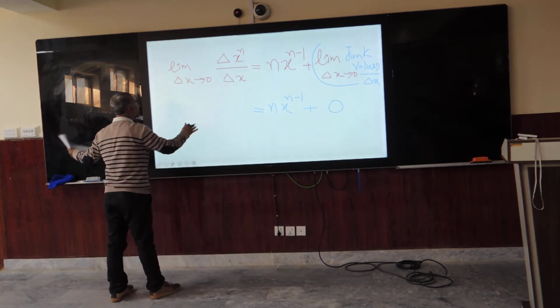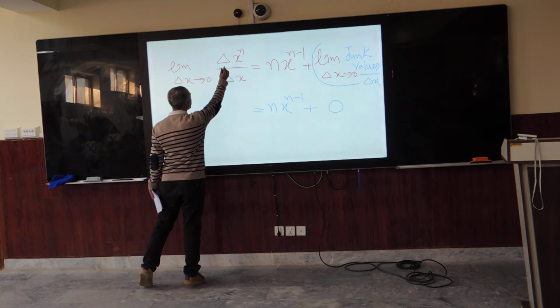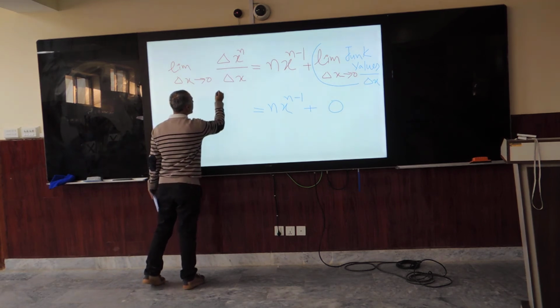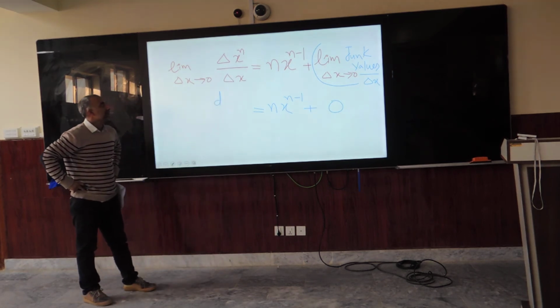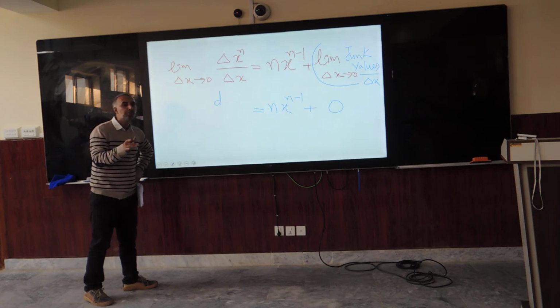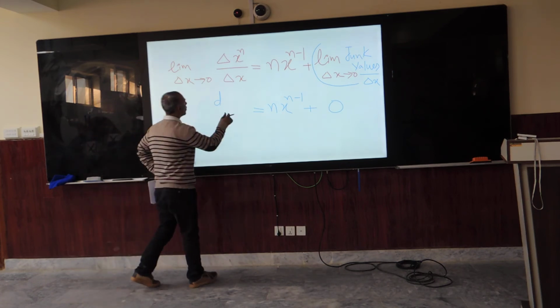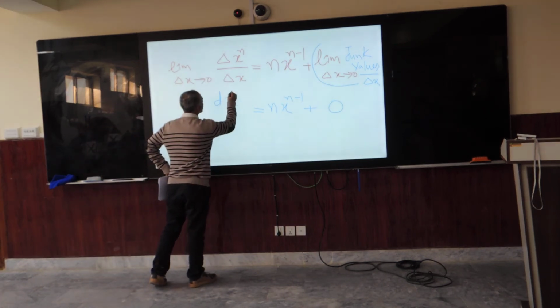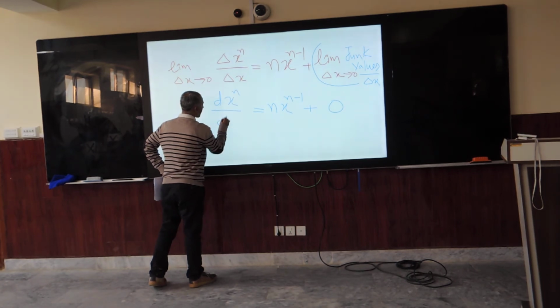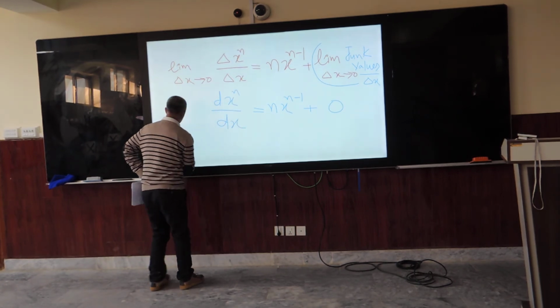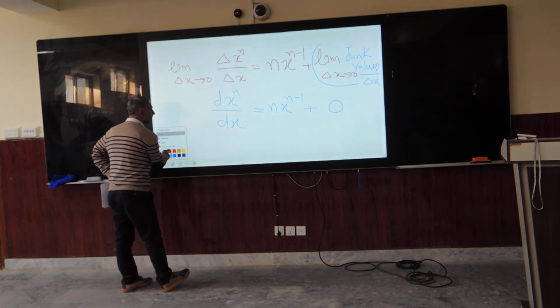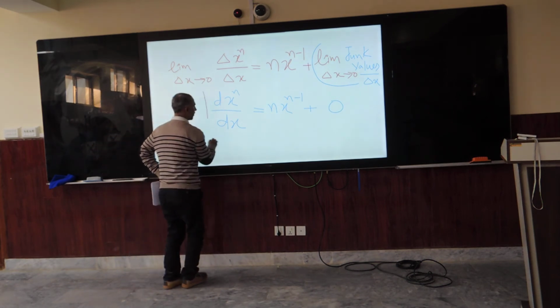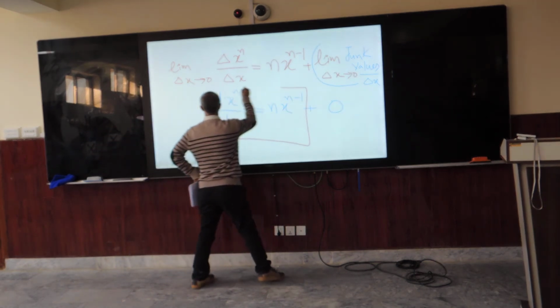So our left hand side, the big average change, will become the change at an instant as q approaches p. It is very much clear. We will have this output.